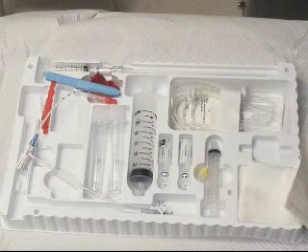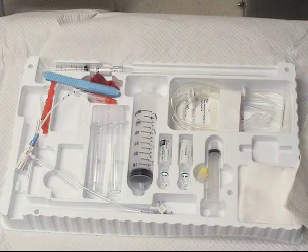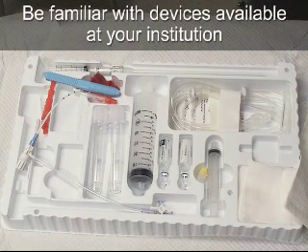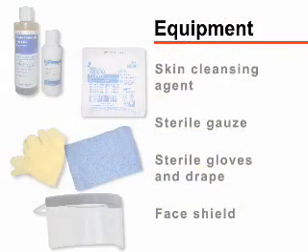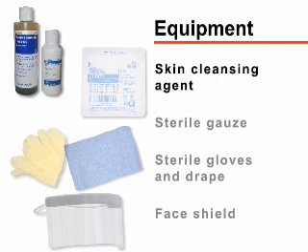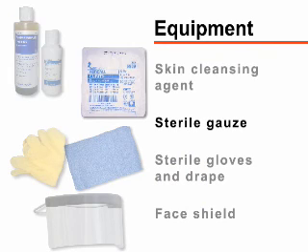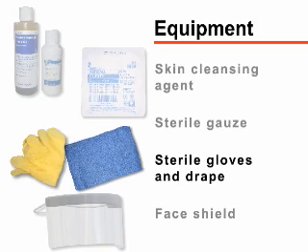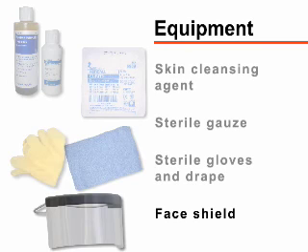There are various devices, frequently assembled in prepackaged kits, that can be used to perform paracentesis. You should be familiar with the specific devices available at your institution. For sterile preparation and administration of anesthesia, you will need a skin cleansing agent, sterile gauze, sterile gloves and drape, and a face shield.